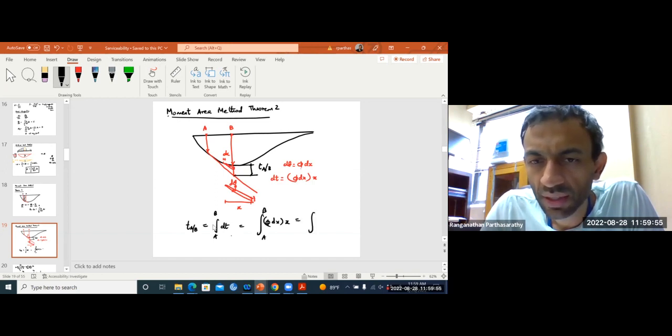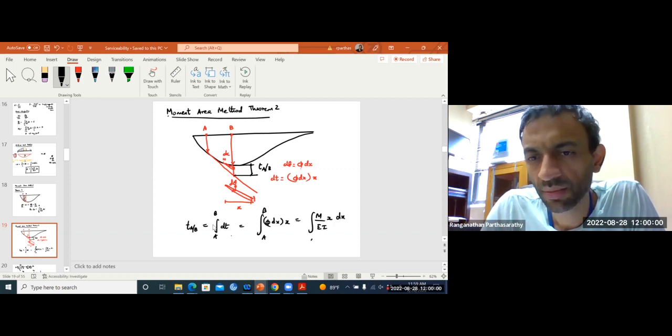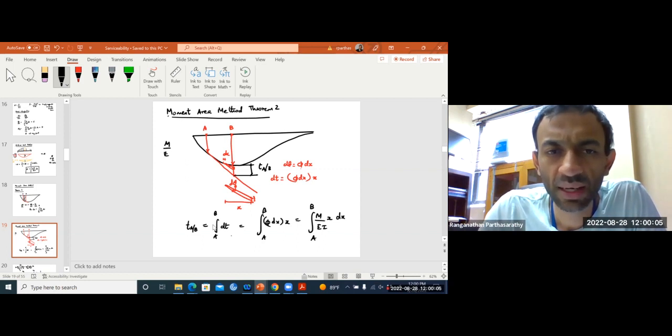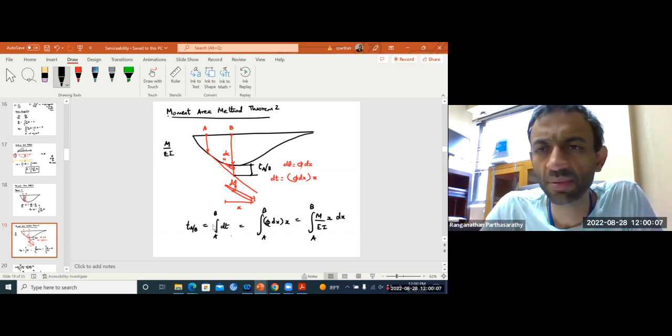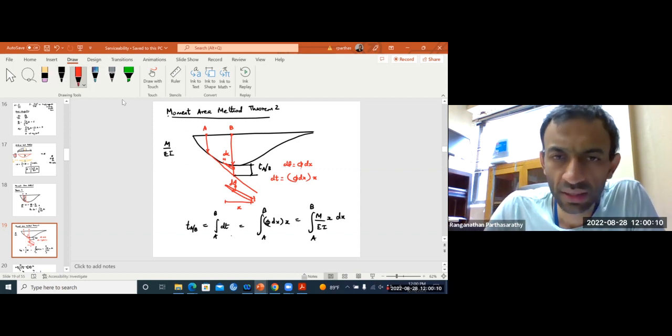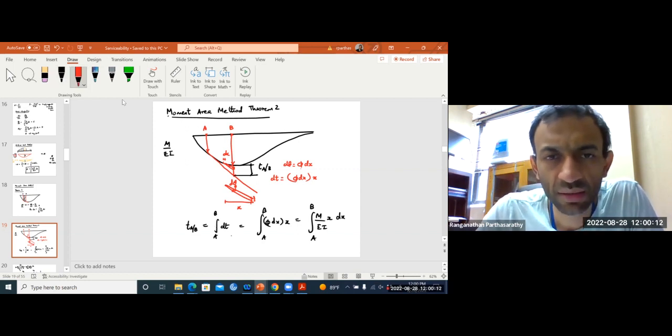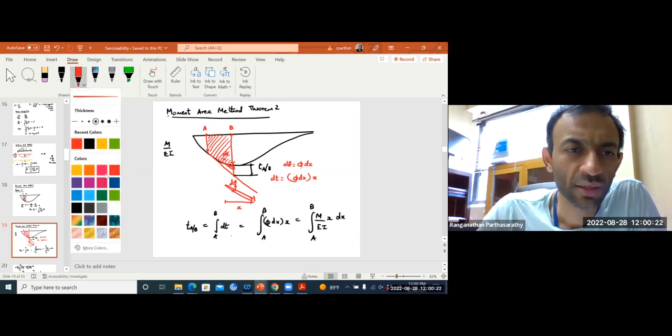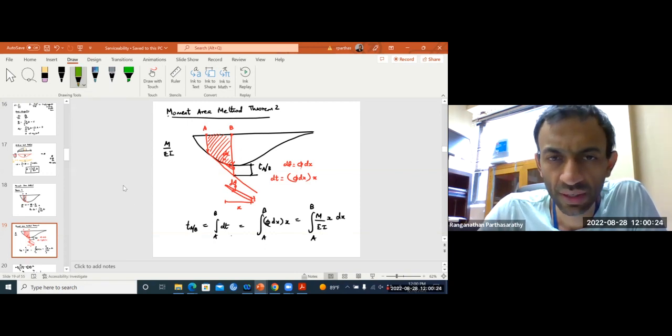which is the integral of phi, which is M over EI, times x dx from A to B. What it means is if you take the moment diagram, divide by EI and make it into the curvature diagram, then this distance T AB is nothing but the moment of this area between A and B. That means you take the centroid of this area, wherever it may be, times this distance x bar.